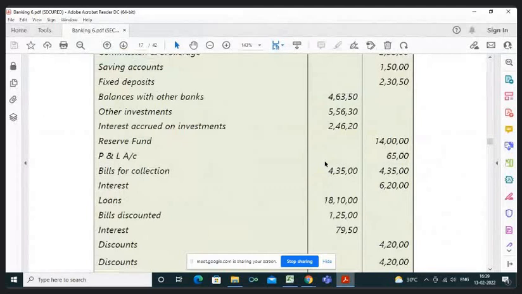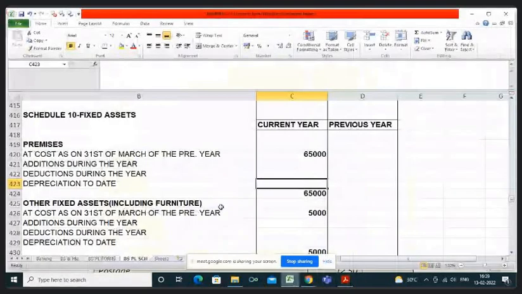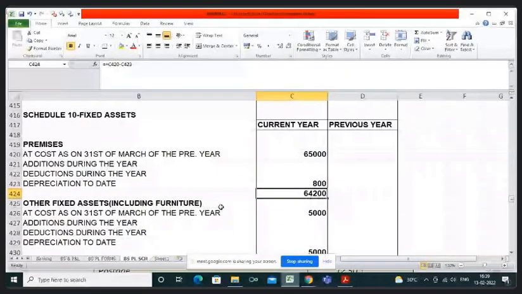Then building. This will be part of the assets, under fixed assets. Building means premises. Then this is other fixed assets, at cost price 65,000 and 5,000.